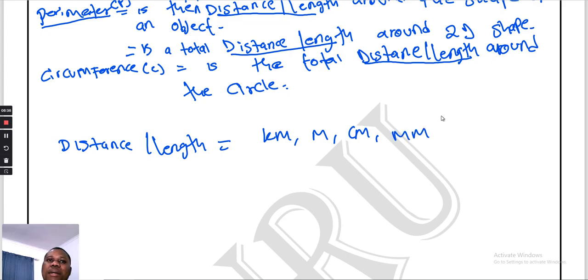Whatever object you are given must have these units. Remember, this is the metric system. In the metric system, to measure distance, we use kilometers, meters, centimeters, and millimeters.